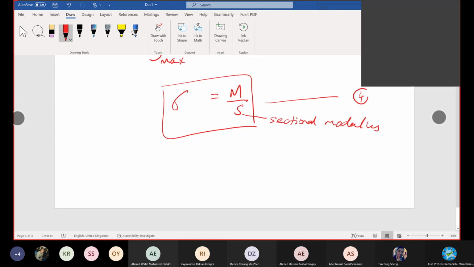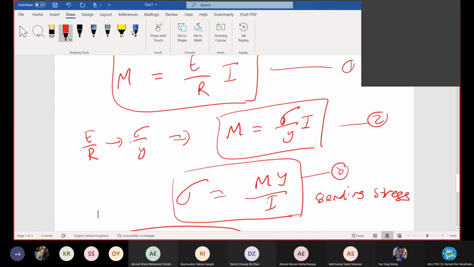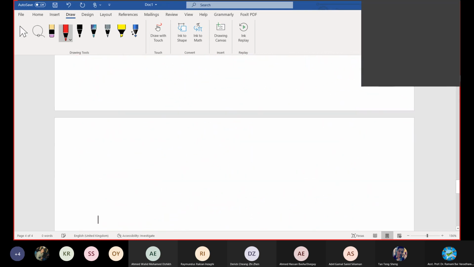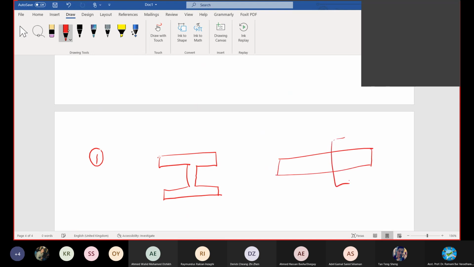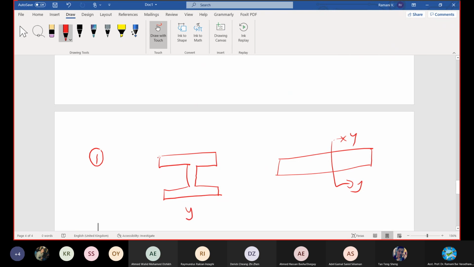Can we now draw the diagram? Let's draw the stress distribution diagram. Number 1, I section. If this is the beam member, and we cut a section, say YY, please imagine, I cannot do the animation here.